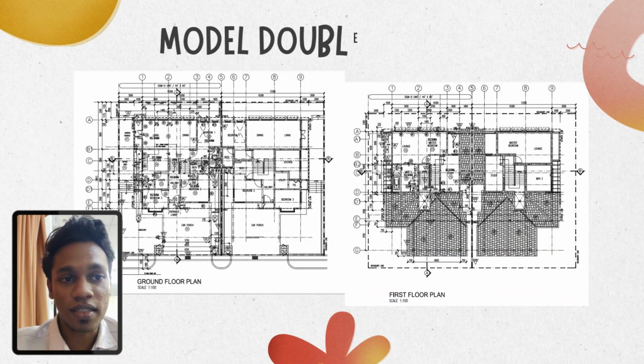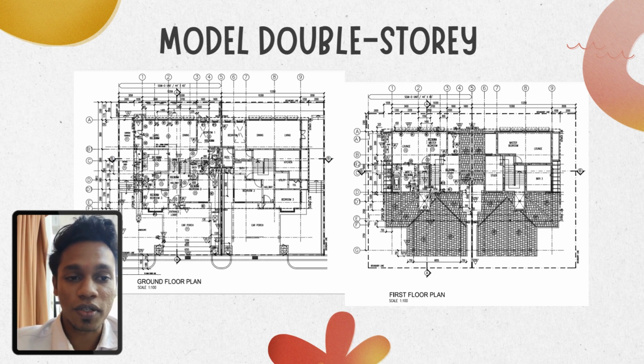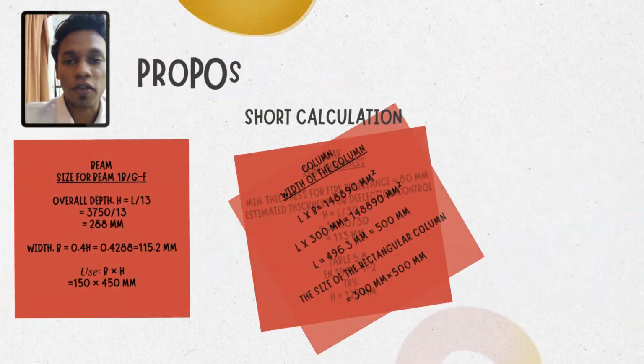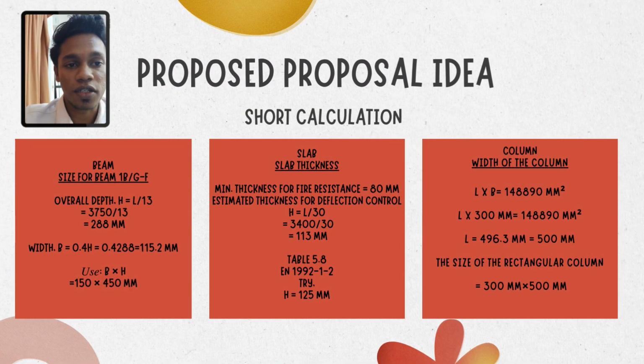As you can see here, this is the continuation of the model double-story, and here we present the ground floor plan and first floor plan. For the proposed size for beam, slab thickness and column, here is the short calculation.